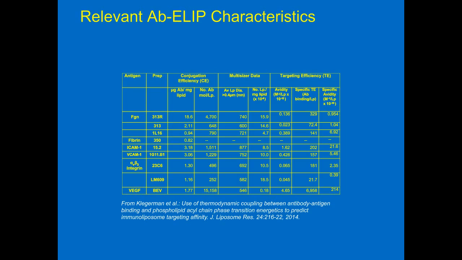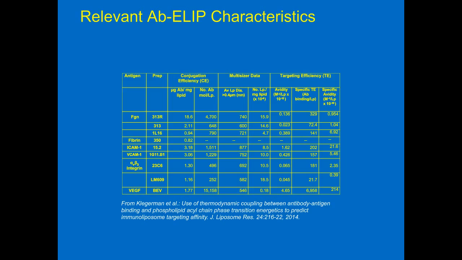And then the other thing I'd like to say is that we are still working on refining our targeting parameters, so that what we really want to get to is determining the force of binding. Since we have working avidities, these can be converted to free energy, and that can be converted to force.